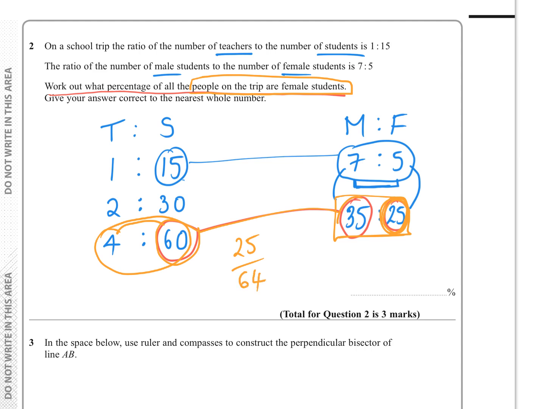That would be the percentage of students that were female, but the teachers went on the trip as well. So it's 25 divided by 64. And as a decimal, that gives me 0.390625. And of course, to change a decimal into a percentage, we times by 100. So we'd get 39% to the nearest whole number. Okay?